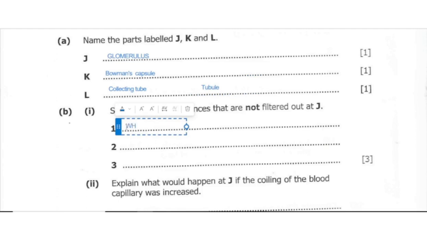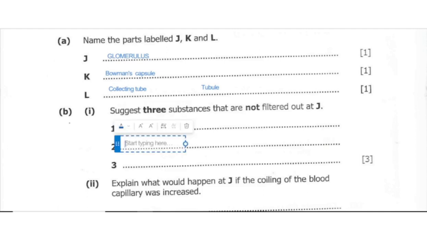One, it's white blood cells. White blood cells are not filtered at J. The other substance that is not filtered at J is plasma.